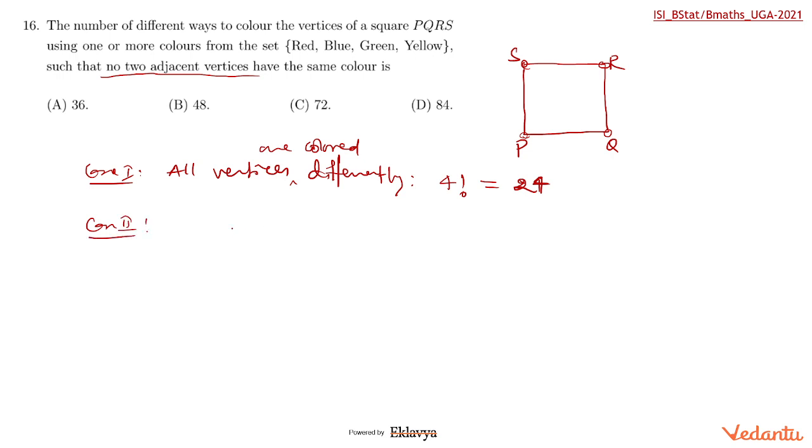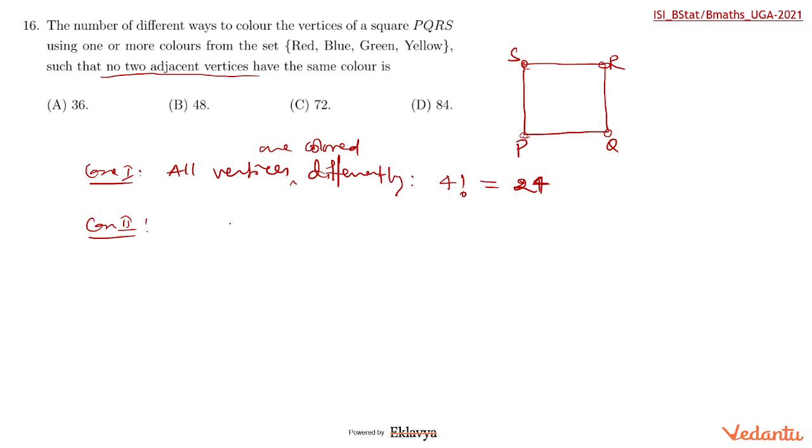What are the other possibilities? In case 2, 2 may be the same, but the 2 which are the same should be at opposite corners, right? Because the adjacent vertices should not be the same.